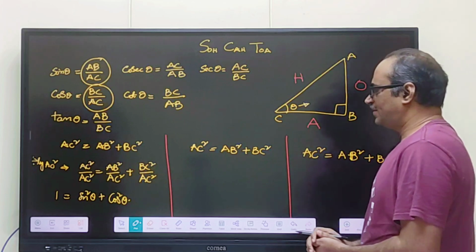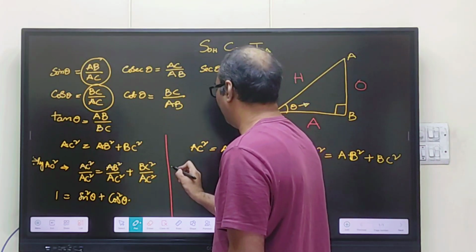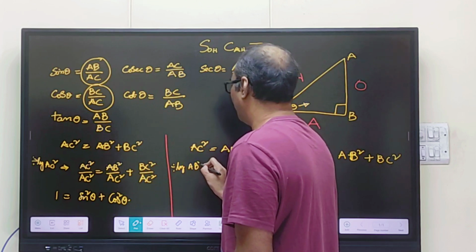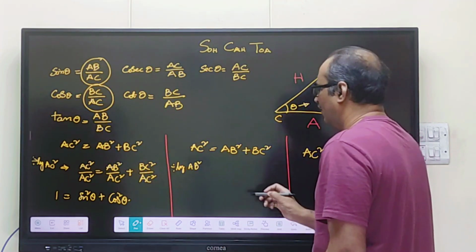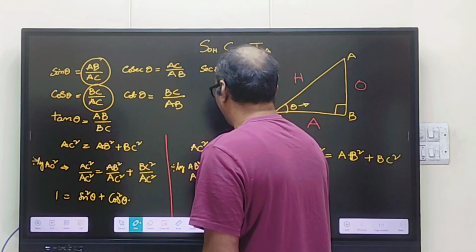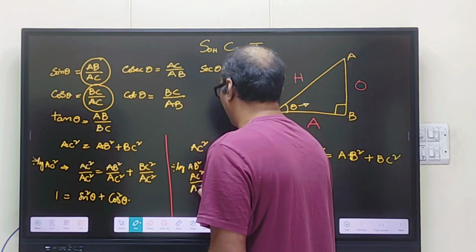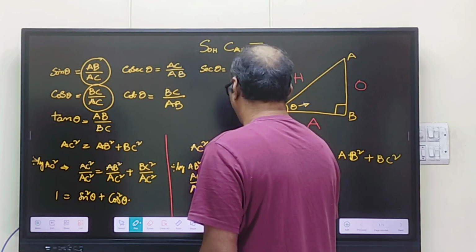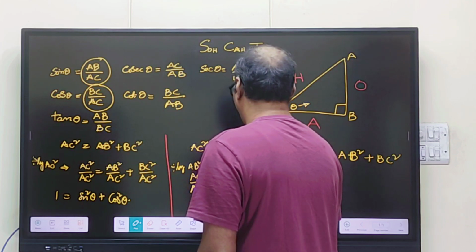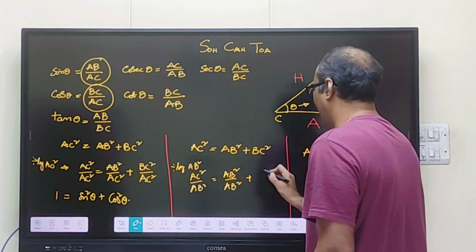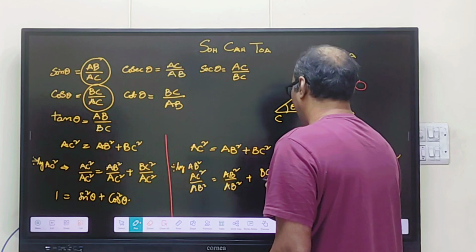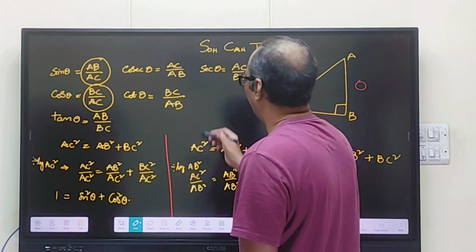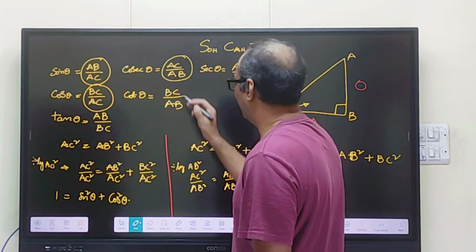Let's go to the next identity. To do this, what we will do? We will divide by AB square, both left hand side and right hand side. So we will have AC square divided by AB square equals AB square divided by AB square plus BC square divided by AB square. What is AC by AB? AC by AB is cosecant theta.